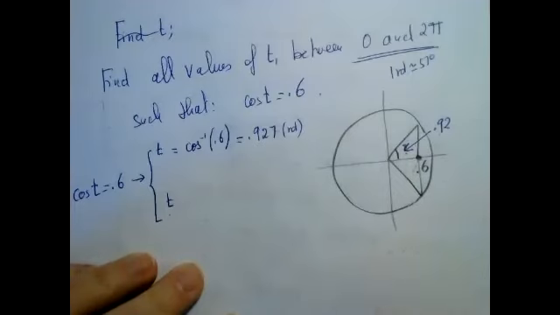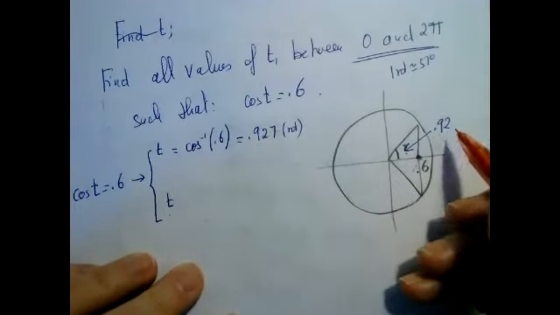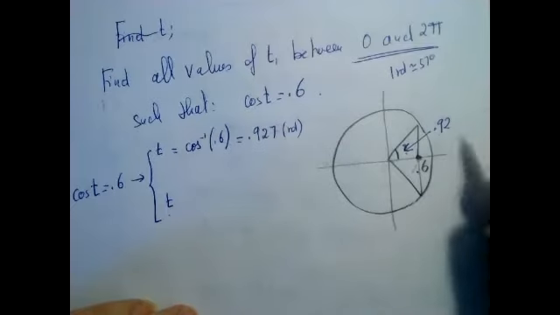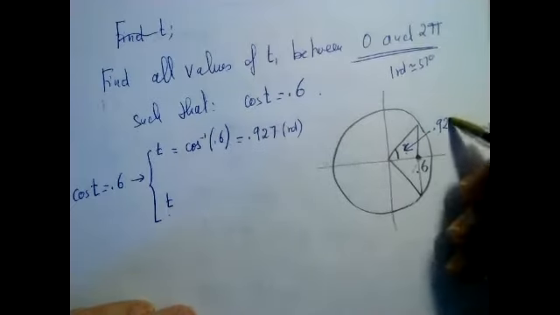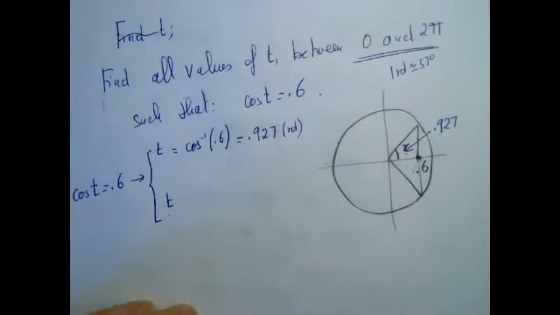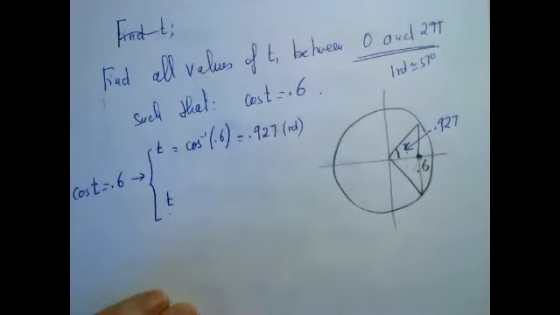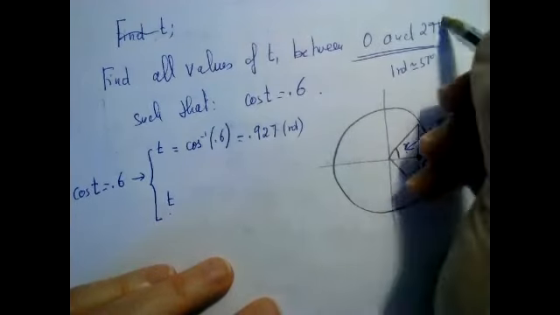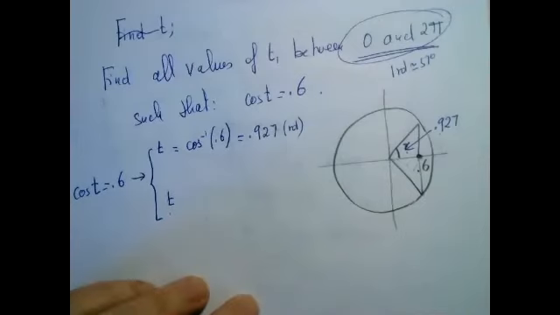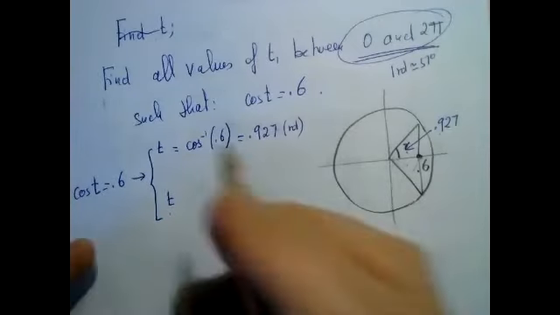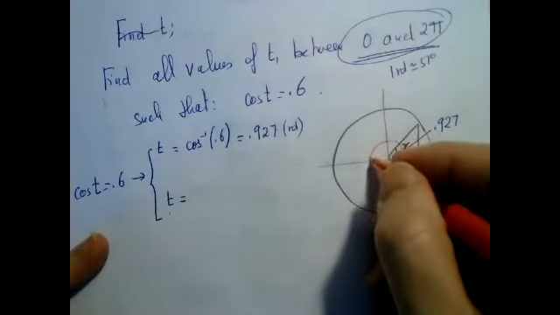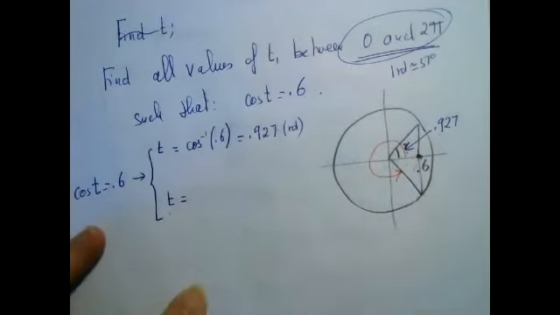So minus 0.6, not 0.6, no way. It's 0.927. What's this angle here? Minus 0.92, that's one good answer. If I want it between 0 and 2 pi, who can give me the answer between 0 and 2 pi? It means I want this angle. How can I get that angle?